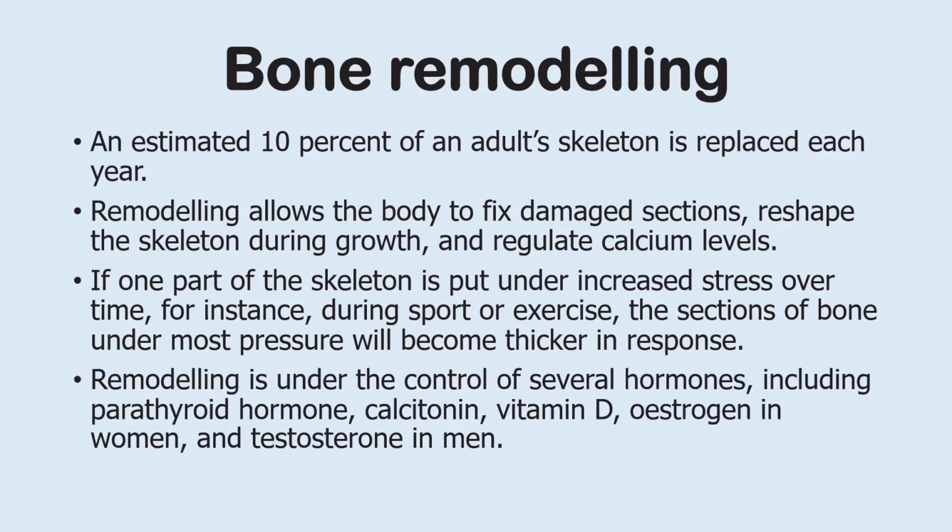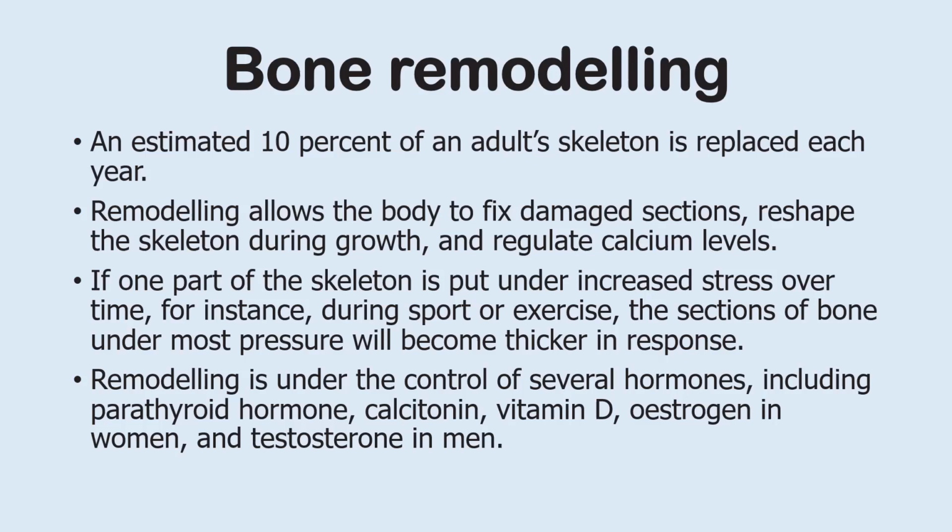Now, there are a number of hormones which are involved in all this. So the bone doesn't do it on its own. The cells in the bone don't actually control it. They just do what they're told to do. And that's where it actually happens. So a number of hormones like the parathyroids, and if you don't know about them, they're the ones that control calcium.